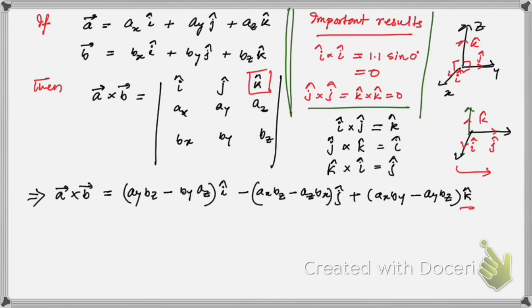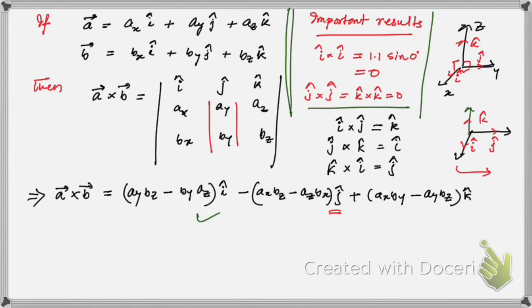Just concentrate, okay, for better understanding. When we have taken j, we have ignored this column, then ax bz minus bx az. So the same thing is done here also. So hope you have understood this. That's how we can use determinants to find the vector product of two vectors. So hope you get it.